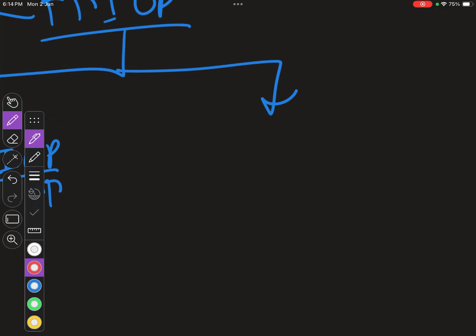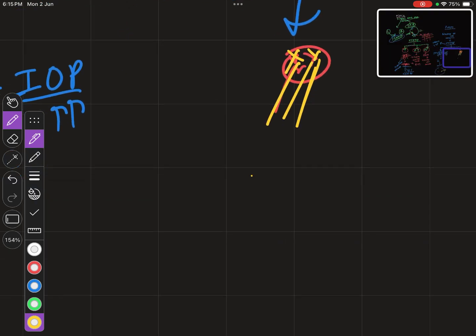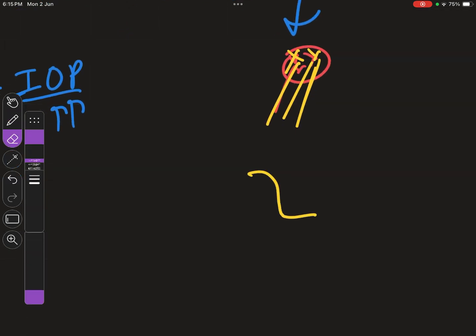And one more theory is that if the IOP is increasing, then that starts blocking the exit of fibers from the lamina cribrosa, the optic nerve fibers which are coming here. Let me just use this.